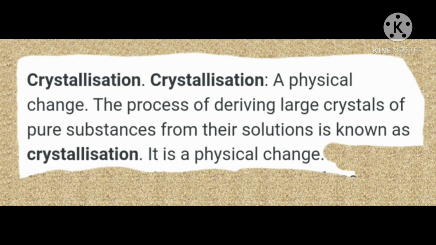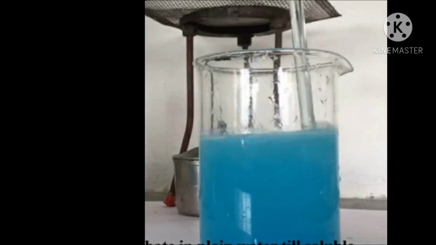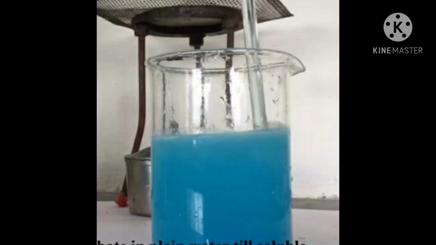An impure solid substance usually contains two types of impurities: insoluble impurities and soluble impurities. The insoluble impurities are removed by filtering its solution, whereas soluble impurities get removed by crystallization.